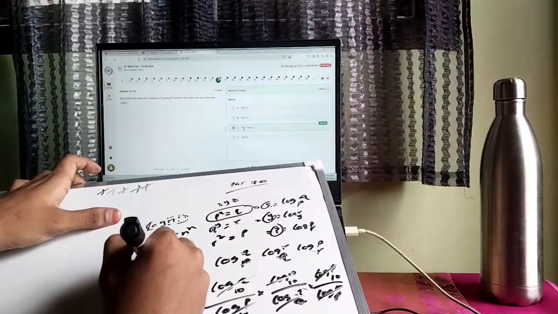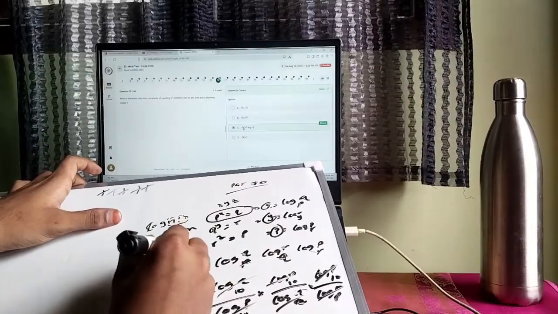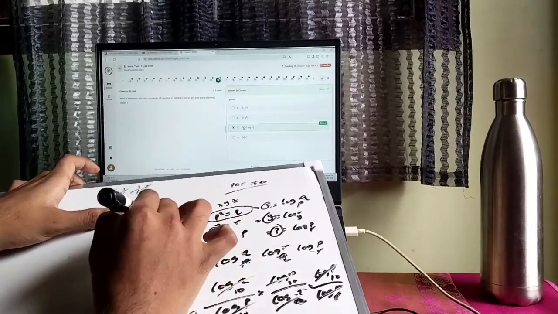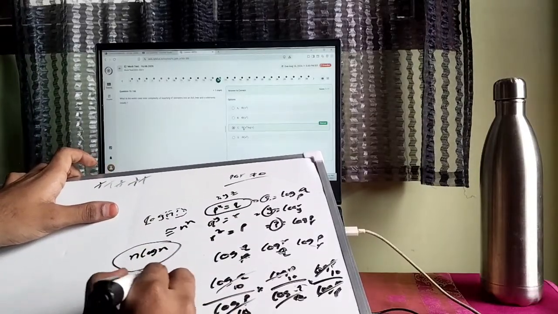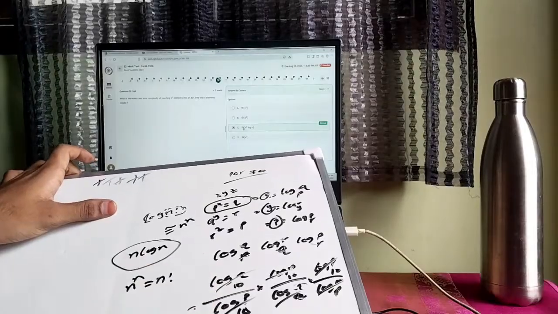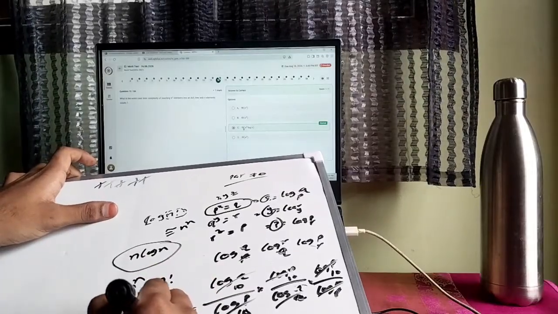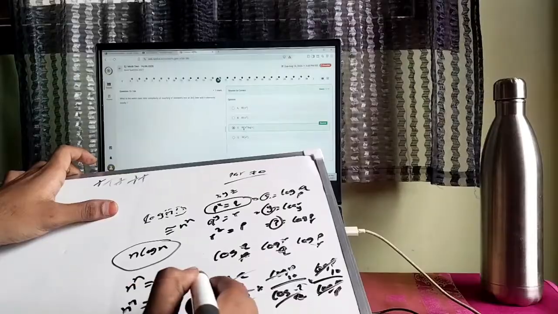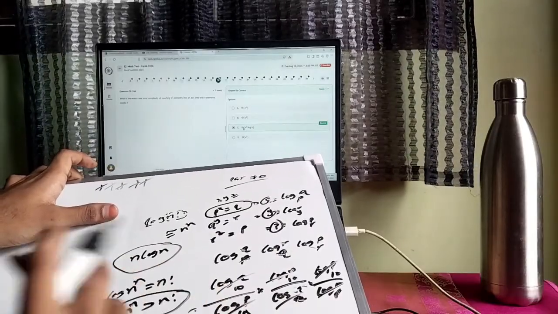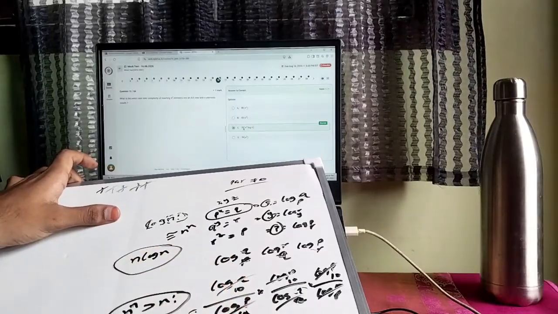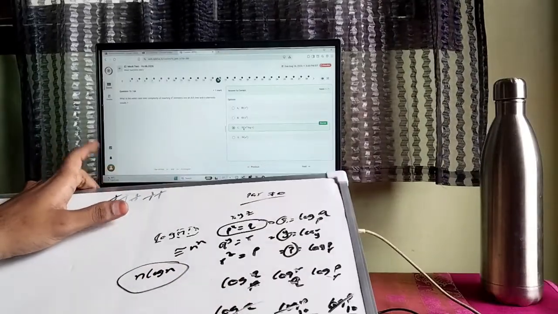In this condition it will become n log n. So n power n is not equal to n factorial; n power n is a strictly greater function than n factorial. But if you apply log, they will be equal. Okay, fine, this is the basic concept of this question.